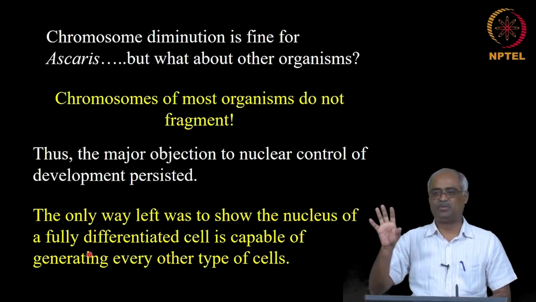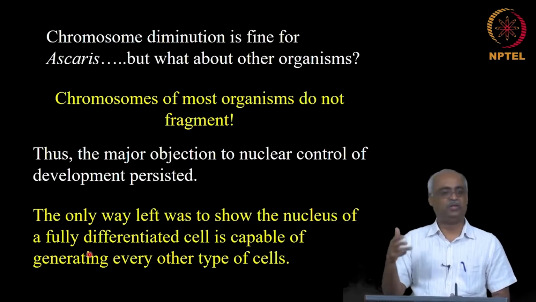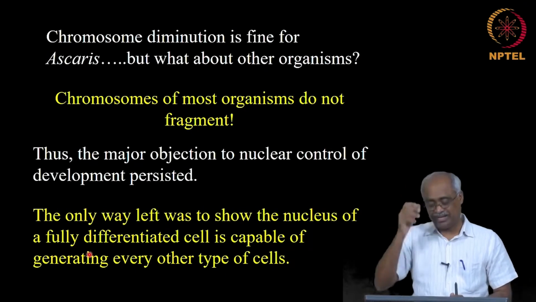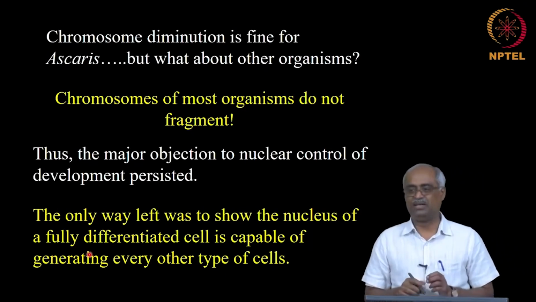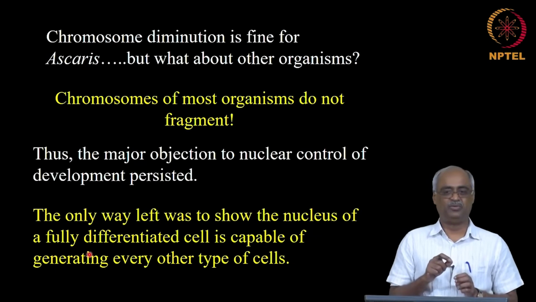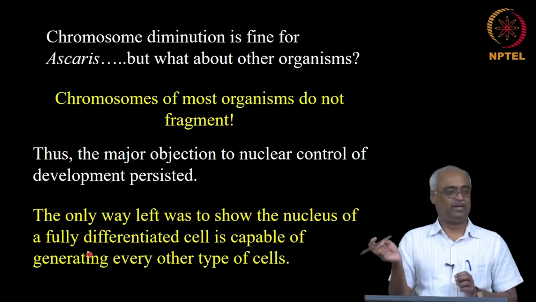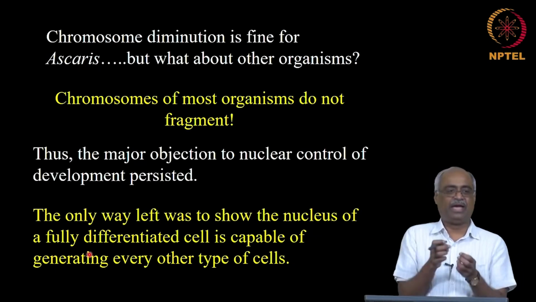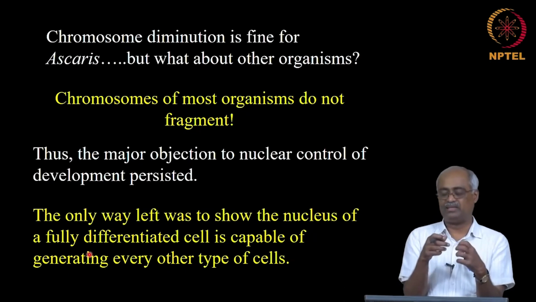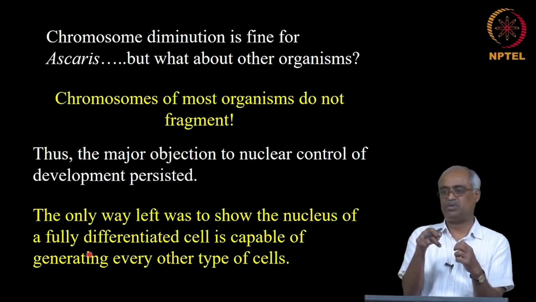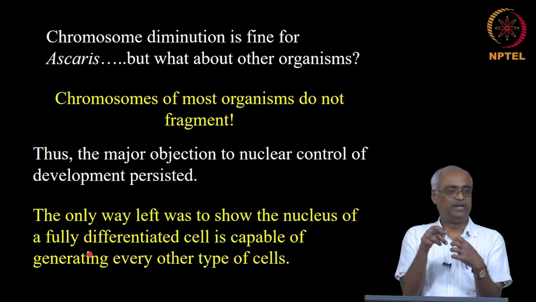Really what you needed is somatic nuclear transfer. That required some technical advancement: you needed to find a way to take the nucleus out of an egg and at the same time activate the egg. Cytoplasm gets activated when sperm enters. So, you needed to do that.